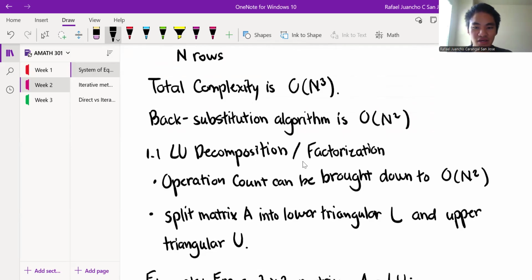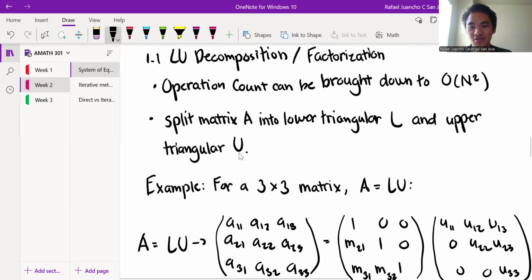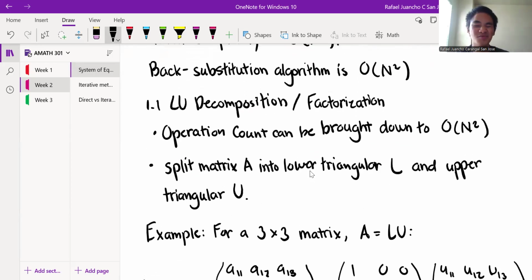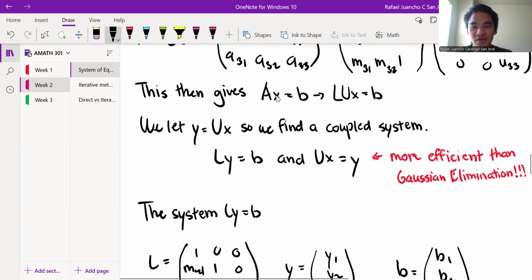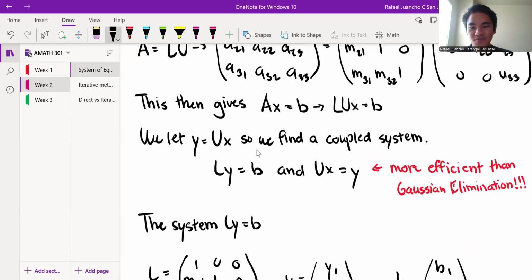And we did LU decomposition. So we broke down a matrix into its lower triangular and upper triangular matrix, and we've made a coupled system. So once we've broken down A into LU matrices, we assigned Y to be matrix U times vector X. And then we've also done LY equals B, where L is a matrix, Y is a vector.